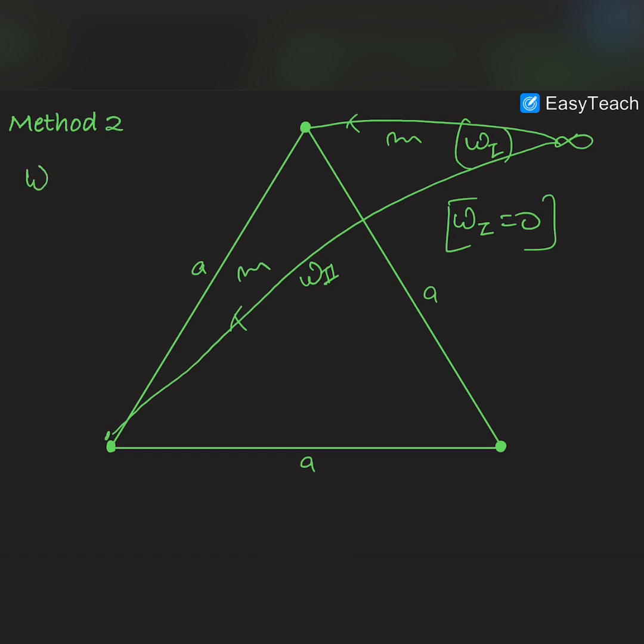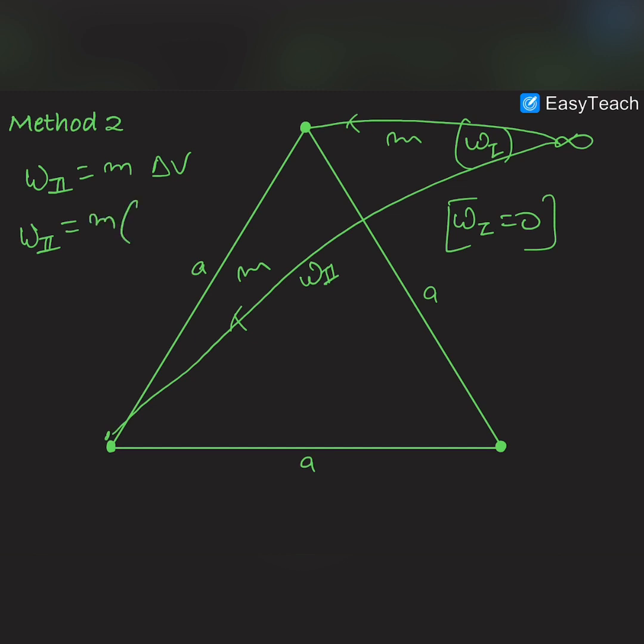The work done, W2, would be equal to m delta V, where m is the mass which we are bringing from infinity, and delta V is the potential difference between the two points, the one from which we started and the one at which we ended. So the work done, W2, will be equal to m into V.